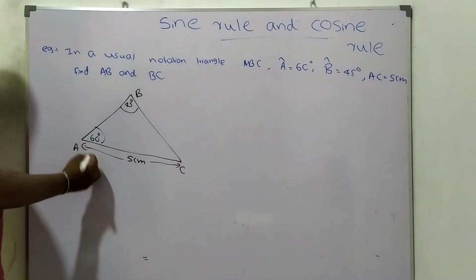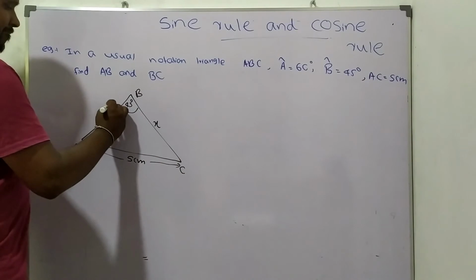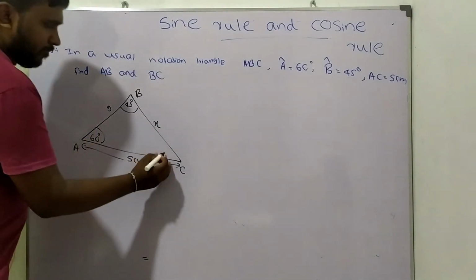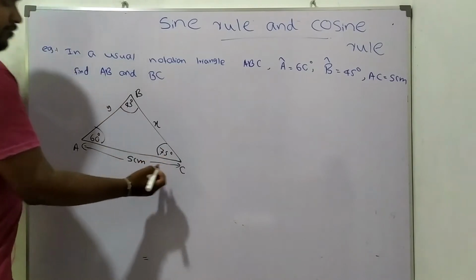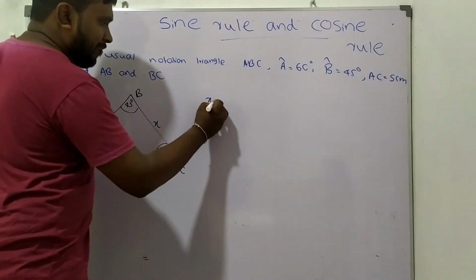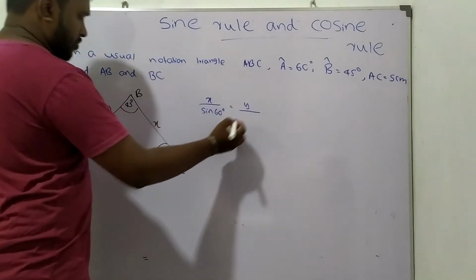So we need to find AB and BC now. In our O level, ordinary level, we don't have any method for finding these angles and sides, because we just use trigonometry for right angle triangles.